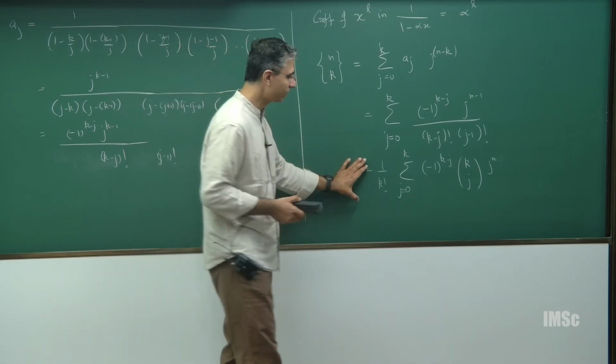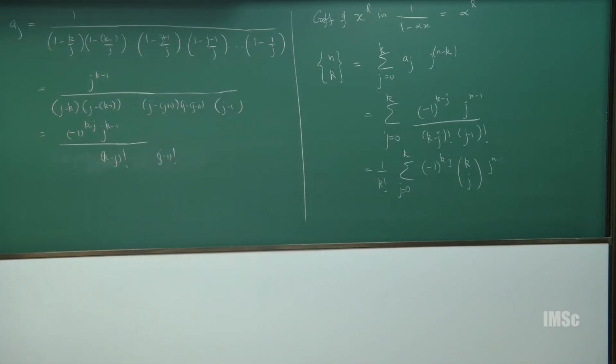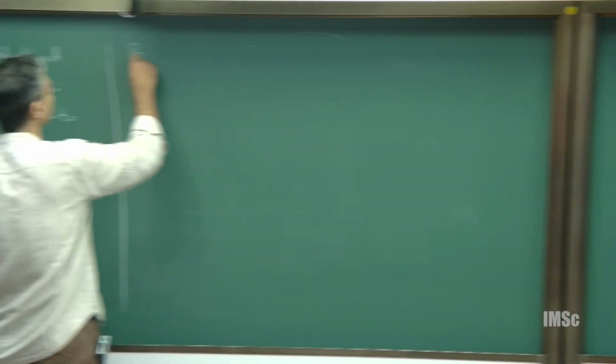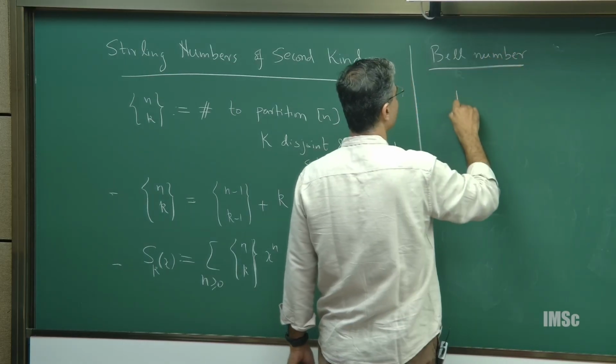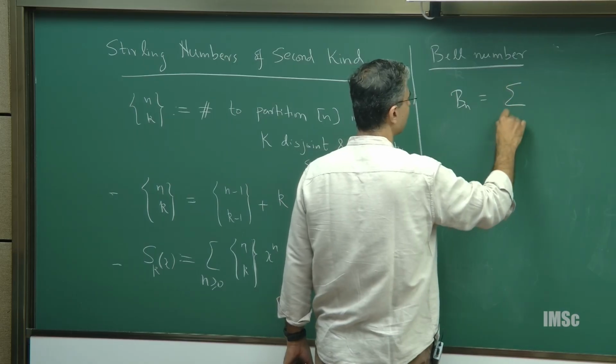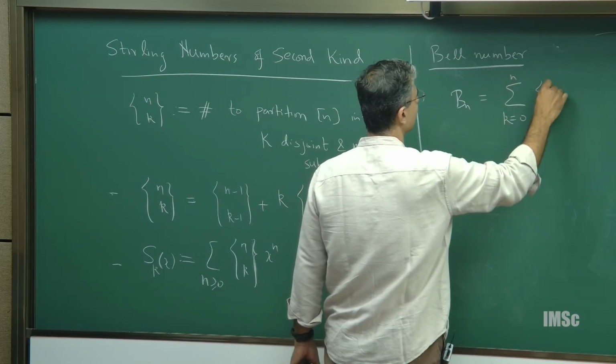But still, having an exact formula is helpful, and the reason is, we were interested in not only this, we were interested in the other quantity, right. The total number of partitions of a set of size n, right. We were interested in the Bell number, which was all the partitions that you can have.